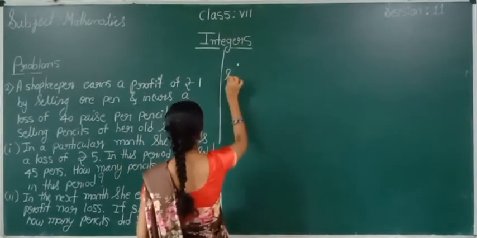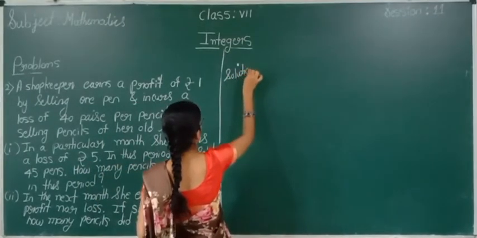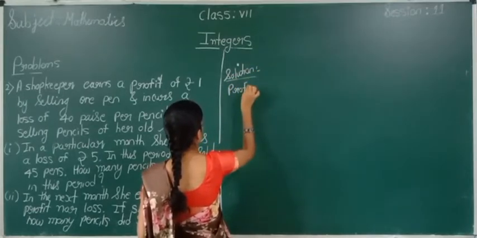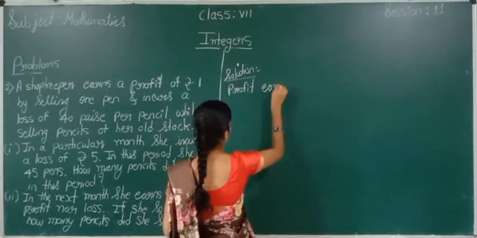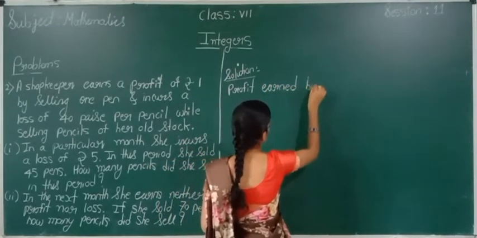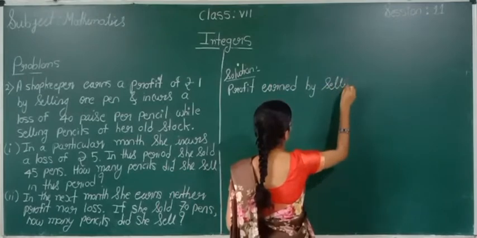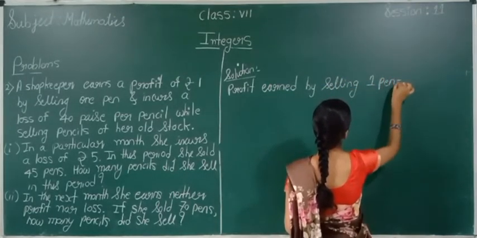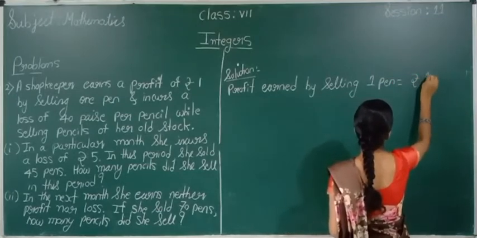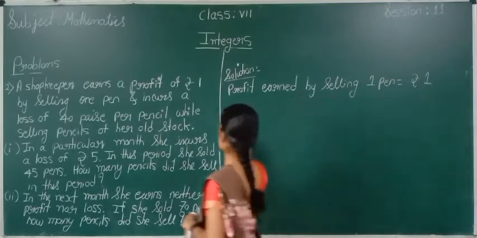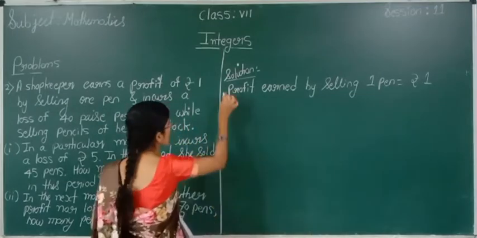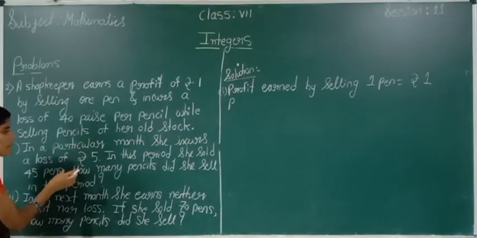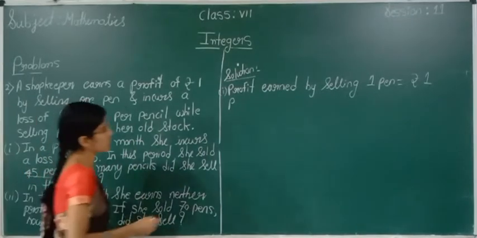Okay, solution. Profit earned by selling one pen, how much is that? It is nothing but rupees 1. Now see, in a particular month the shopkeeper sold how many pens? Yes, 45.